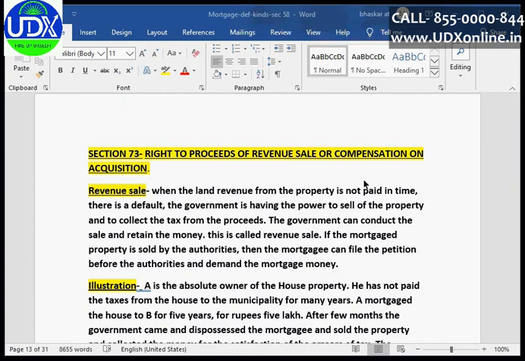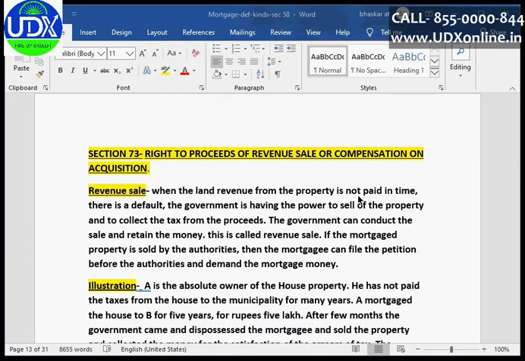So in the exam, they may ask you the main question on this topic, or sometimes they will split it. The right to proceeds of revenue sale, that is one short note, and another short note, right to compensation on acquisition.